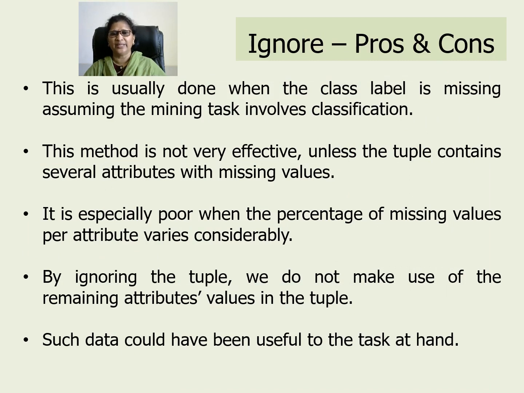Omitting the missing records or attributes seems to be a very easy way of handling the missing data. But there are many pros and cons related to ignoring the missing tuples or attributes. This particular approach is generally used when the class label is missing, assuming the mining task involves classification.